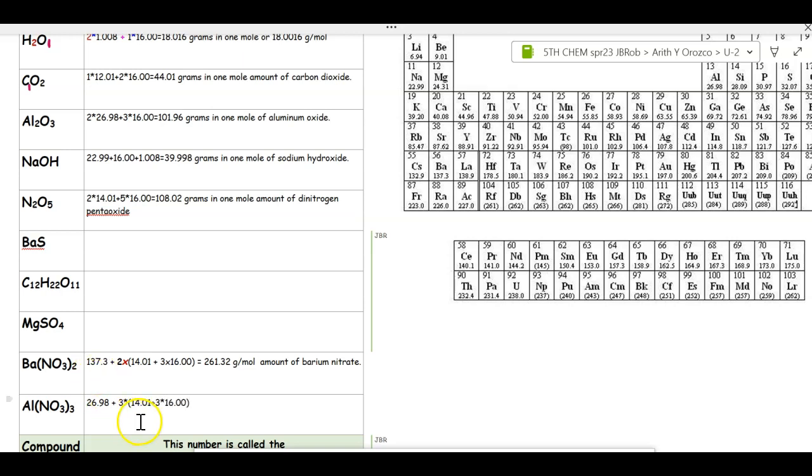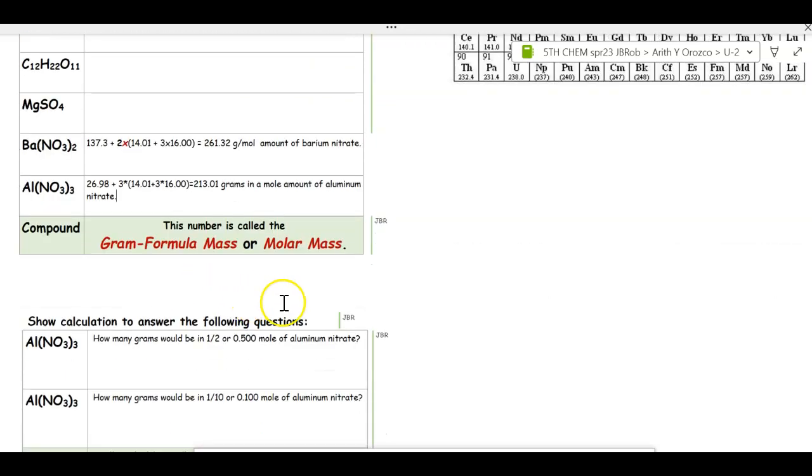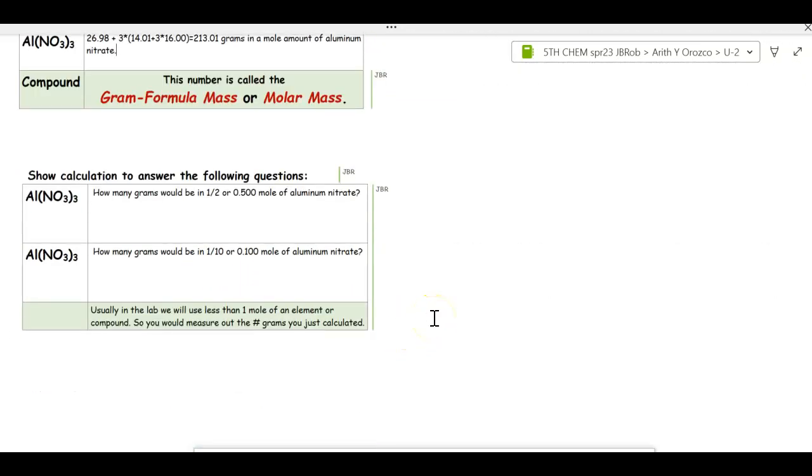Then we add the parentheses again because we're 3 timesing this little unit, equals, and enter, and it calculates for you that that's the number of grams in a mole amount of aluminum nitrate. All right, that's all there is to this. Yeah, at first it seemed odd because we hadn't done anything like that.